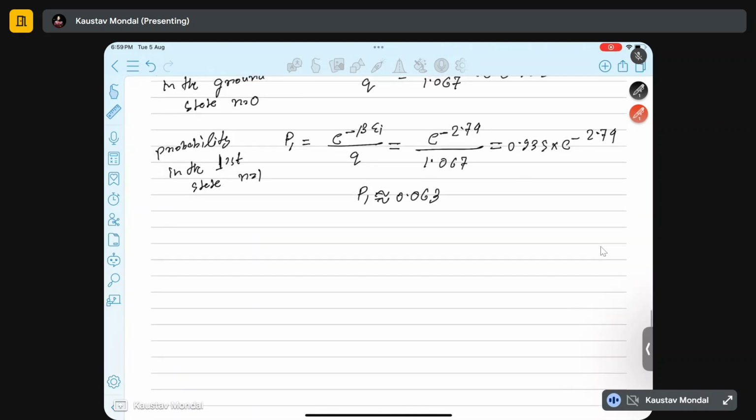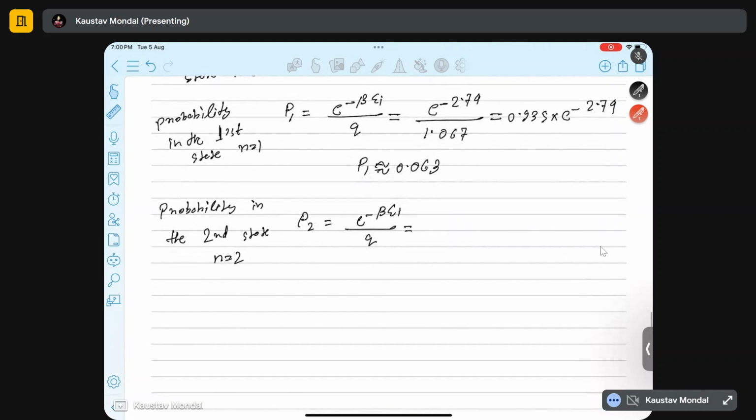Next, for the probability in the second state, n equal to 2, P2 is e to the power minus 2 beta epsilon by Q. In a similar way, e to the power minus 2 into 2.74, since beta you already know is 2.74, divided by 1.067.